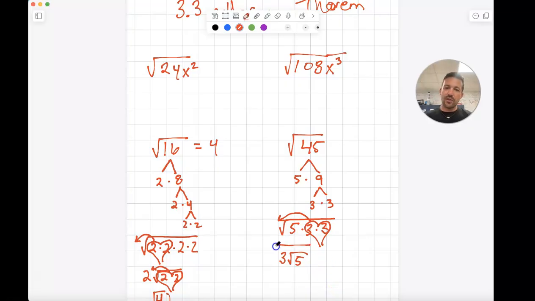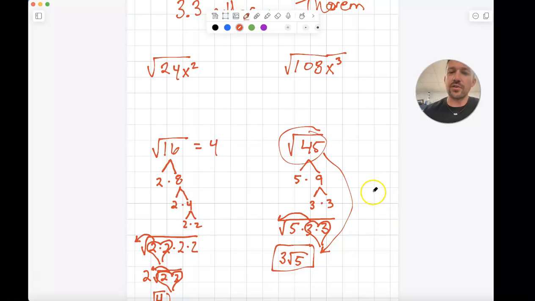So that is square root of 45 rewritten, simplified. If you ever do these Pythagorean theorems and you get an answer like square root of 45, they're probably going to put it as something like that. So you need to be able to simplify.